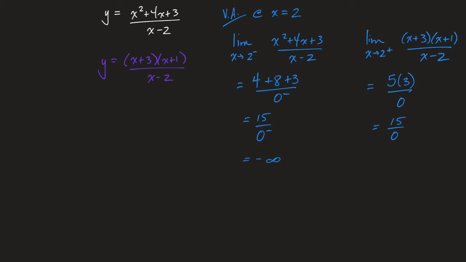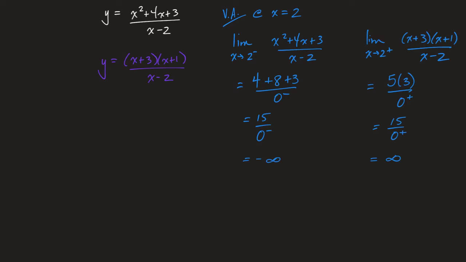We know that those zeros on the bottom aren't really zeros, they're really bits. So we have to examine subbing in a little bit to the right of 2. To the right of 2 is bigger than 2. And if I take bigger than 2 and then subtract 2, that will always give me a positive value, which tells me that's always a positive bit, and that's going to take me to positive infinity. Okay, there's the nature of the curve addressing my vertical asymptote.